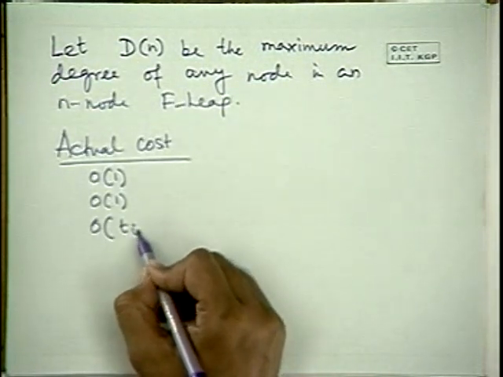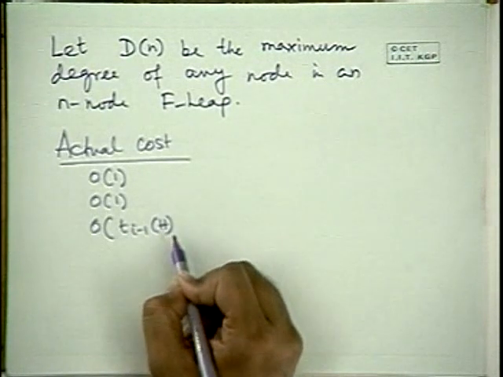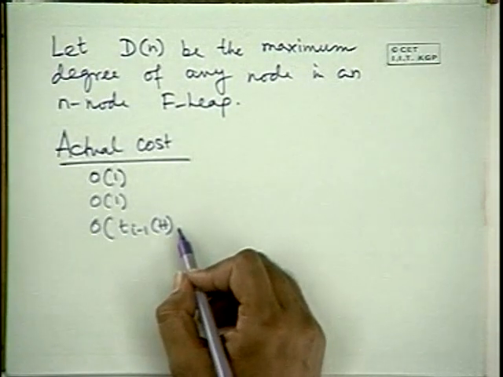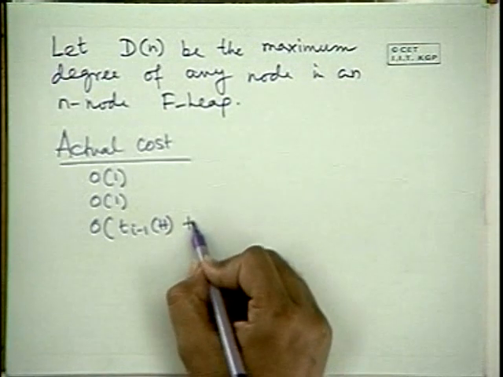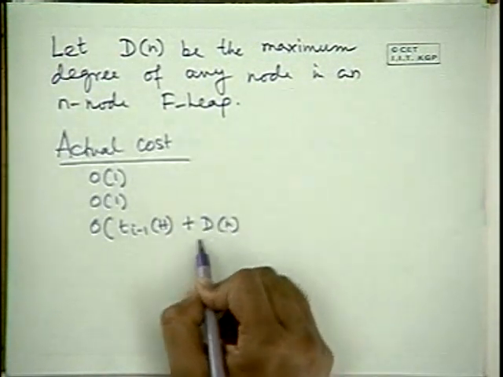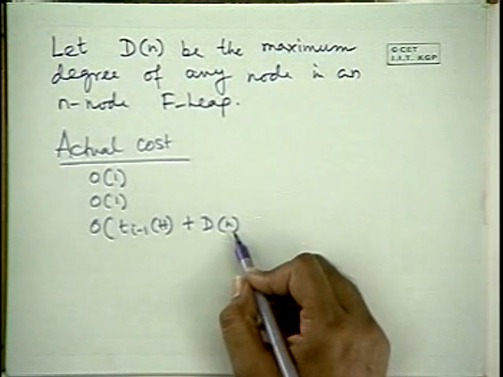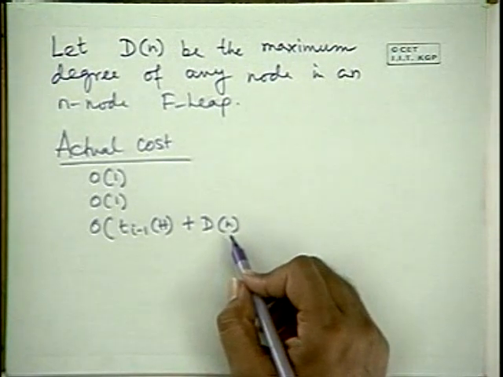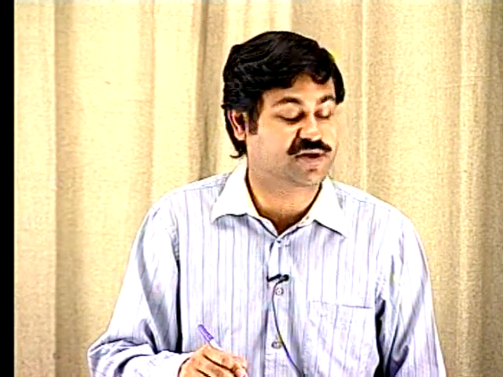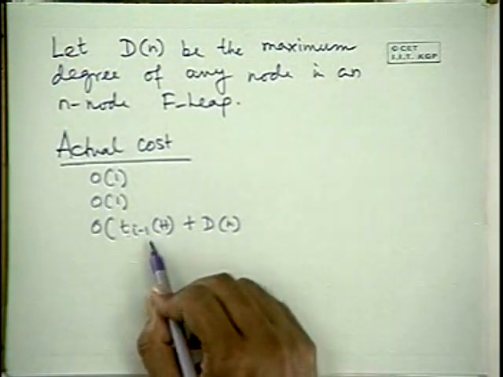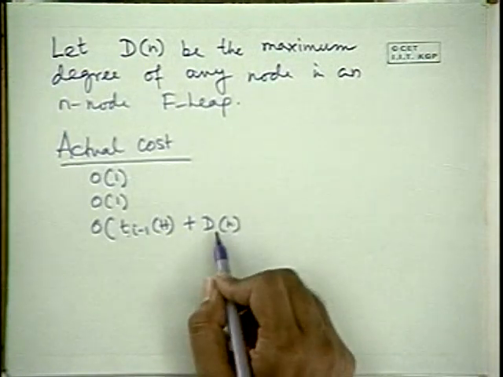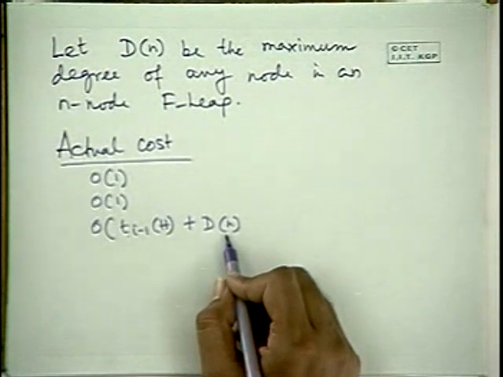It is Ti minus 1 h, that is the number of root nodes before the operation, plus Dn, because Dn bounds the number of nodes in the children cycle of that node. It cannot be more than that, and that guides the total complexity of step 3, because Ti minus h plus Dn is the total number of root nodes before you started this link.